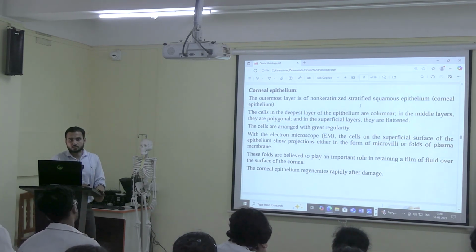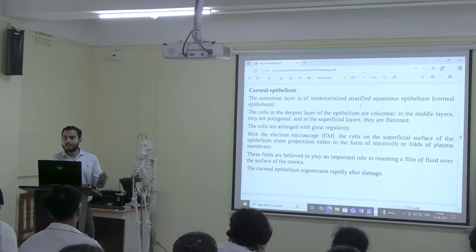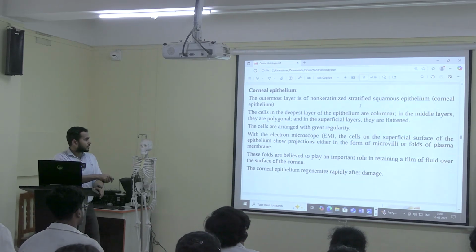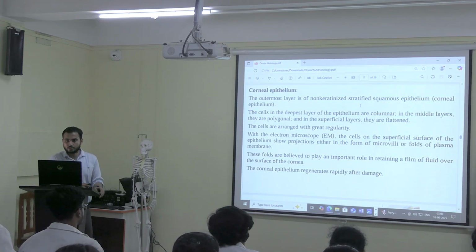Now why is it present? This will not allow the cornea to become dry. So these folds are believed to play an important role in retaining the film of fluid over the surface of the cornea. Or else what will happen? The cornea will become dry. Okay.